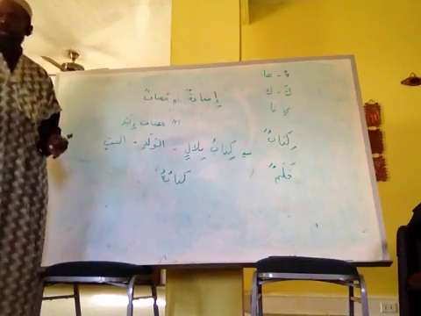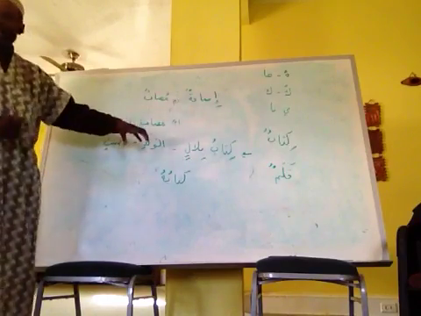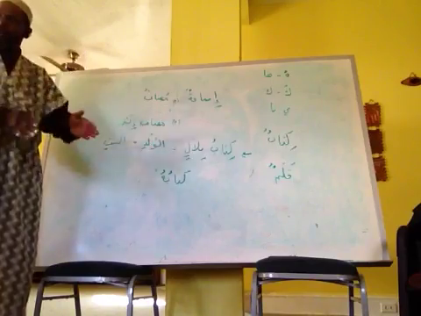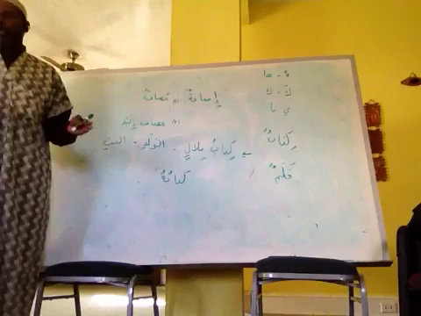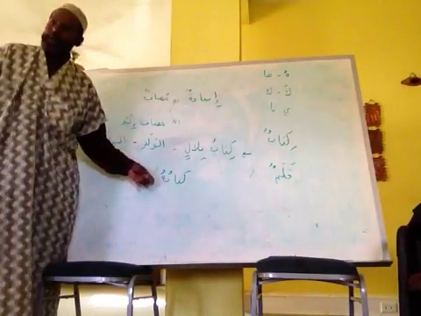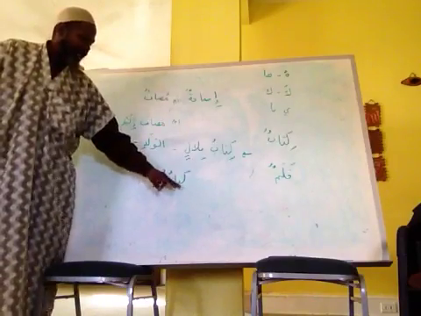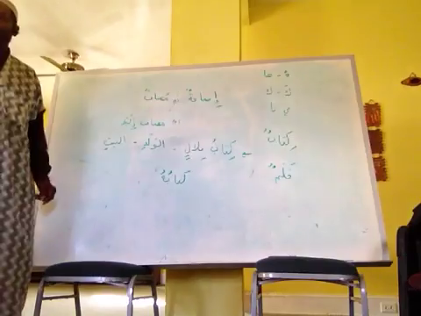I'rab means it changes, and bina means it stays the same. So pronouns stay the same. The end vowels do not change on a pronoun. So that's the only thing about the pronoun being attached to the noun: you can't see the i'rab come out, but it's understood in Arabic.